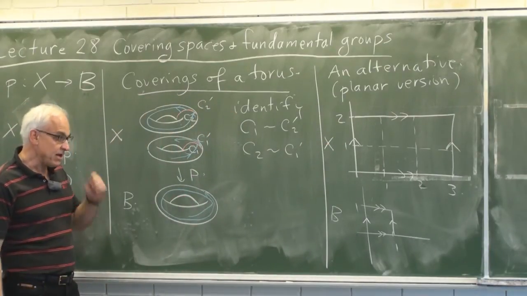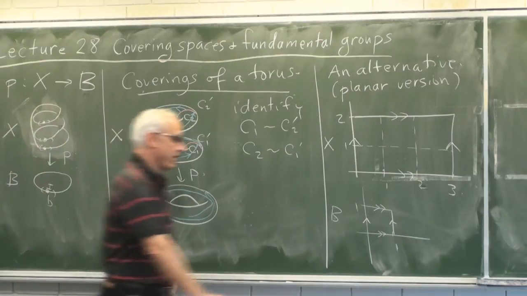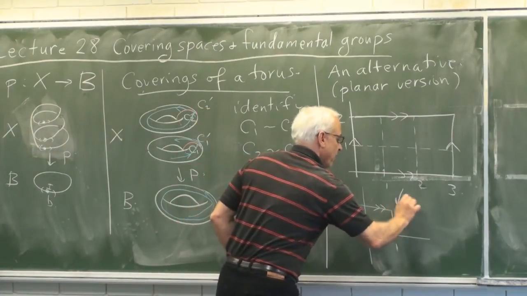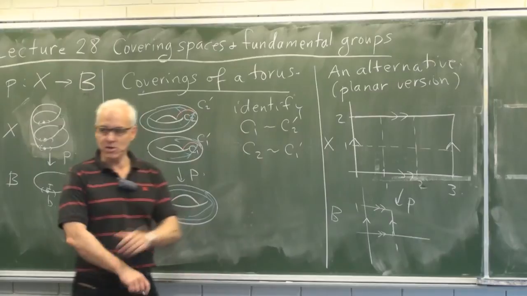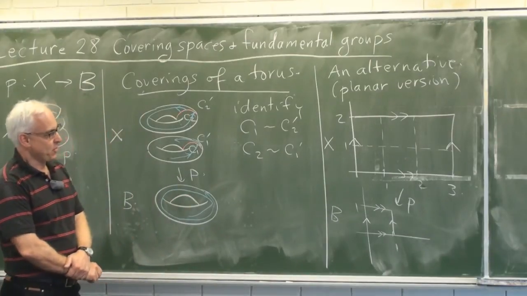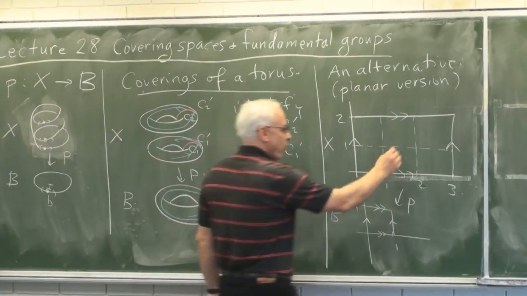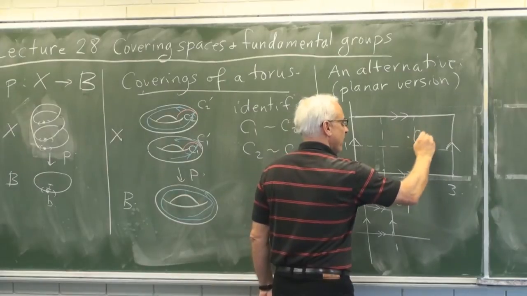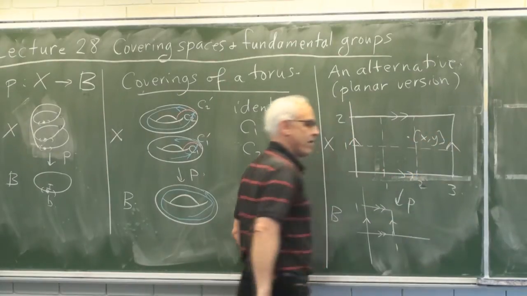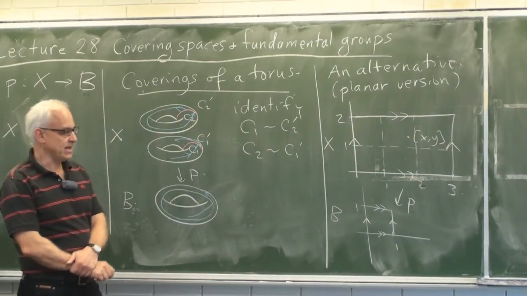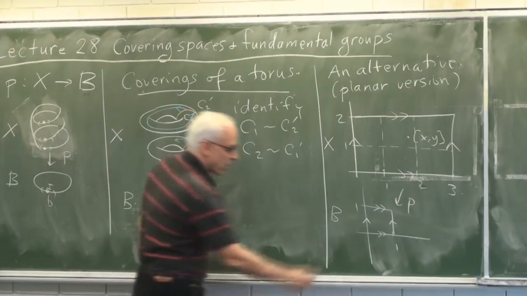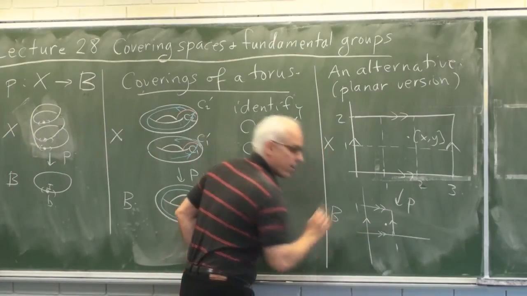All right, now how can we define a nice covering map? A map P, a projection from X to B. Well, what we're going to do is we're going to take a point, x, y here, and we're going to send it to the corresponding point down here.